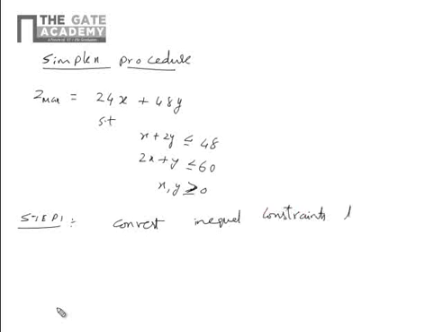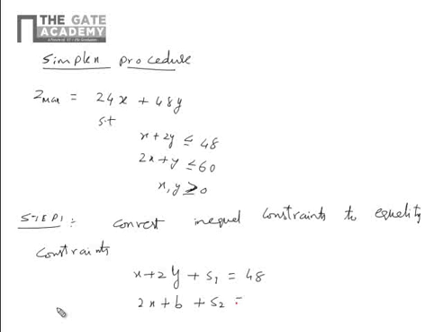So after converting, x plus 2y is a less than or equal to constraint, so add slack variable s1 with 48. This is also a less than or equal to constraint, so add another slack variable s2 with 60. The objective function will now change: Z max equal to 24x plus 48y plus 0s1 plus 0s2.